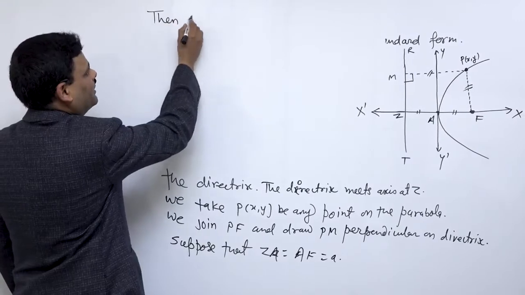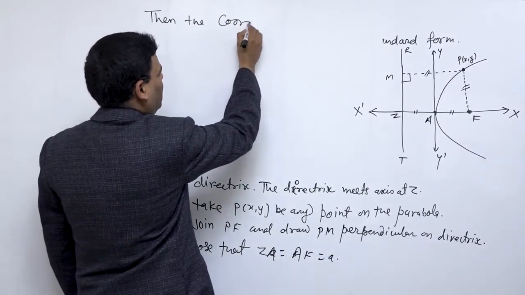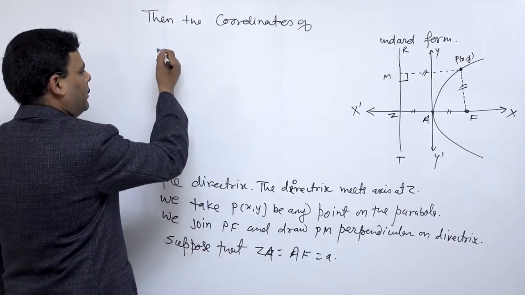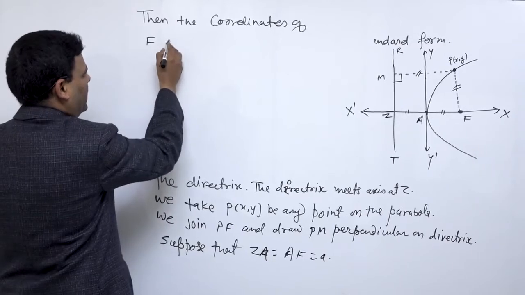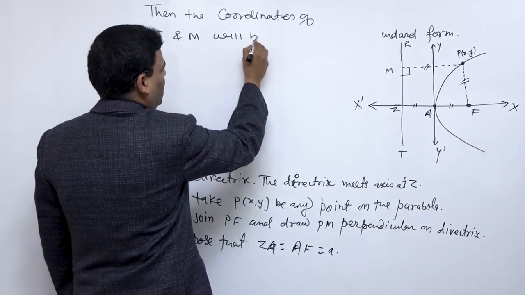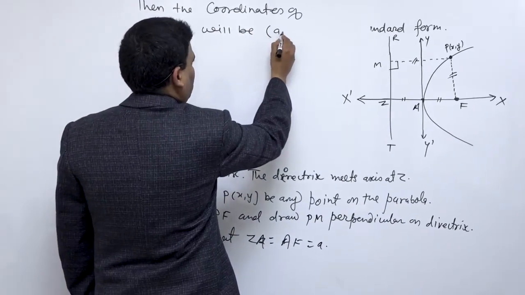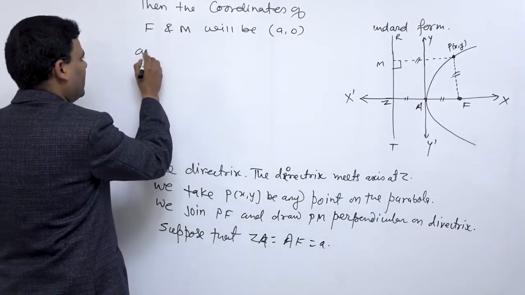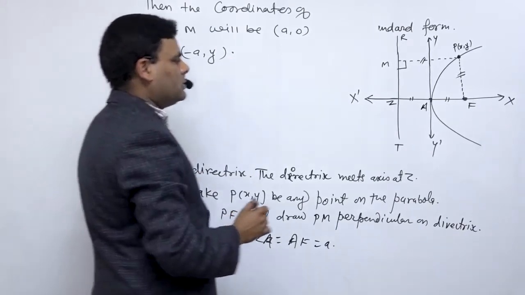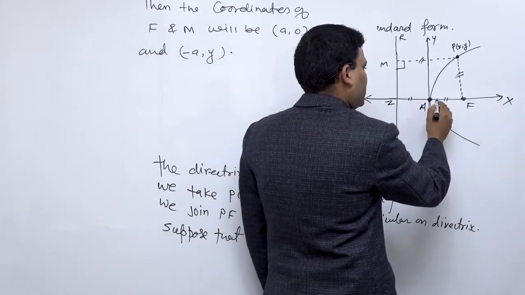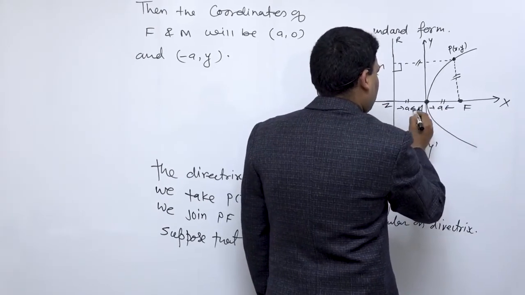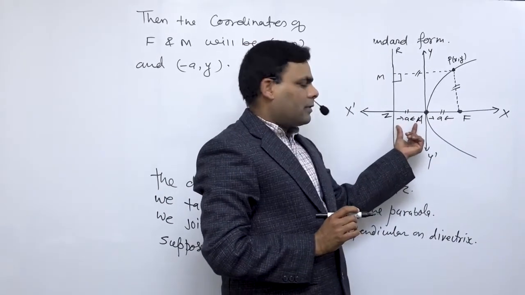Then the coordinates of F and M will be (a, 0) and (-a, y). This is because vertex A is at origin, we already know that, and here AF and ZA equal a. Both are of equal distance from the vertex.